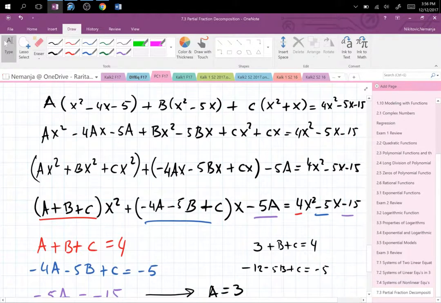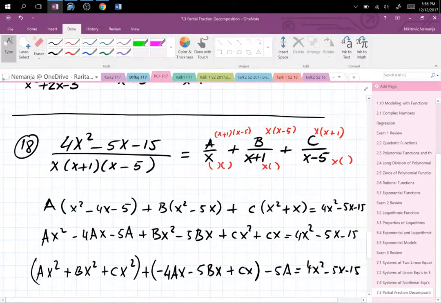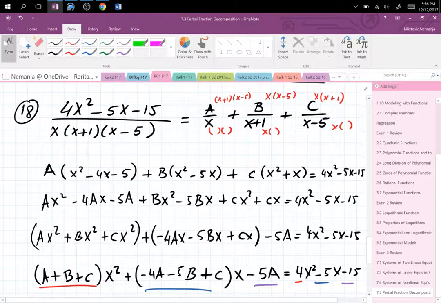I just plugged in a, b, c into this top, right where they belong. So you see a and x go together, and b and x plus 1 go together, so I just replace the value where they go, and that takes care of that.